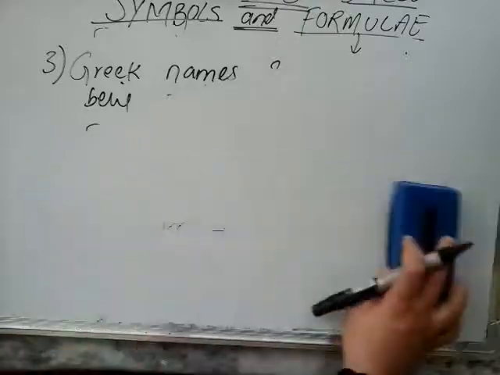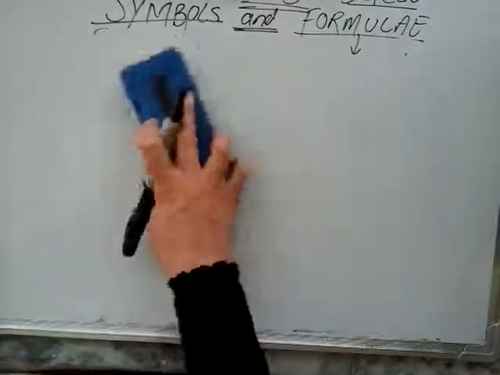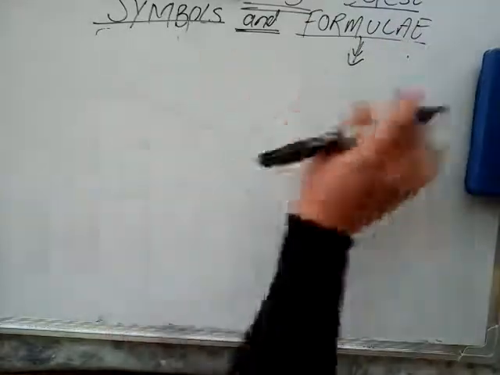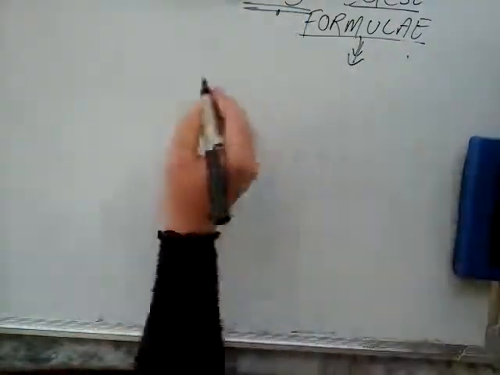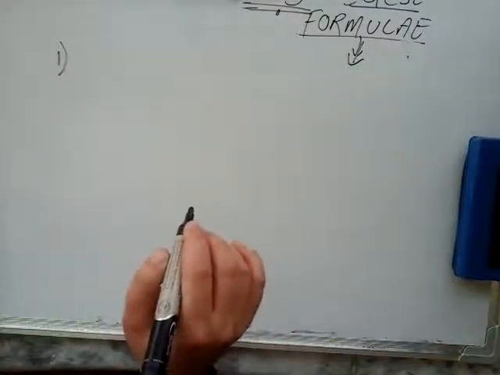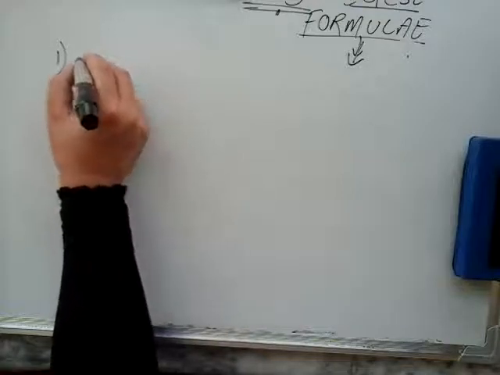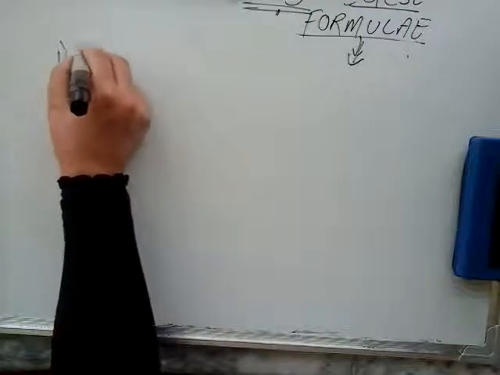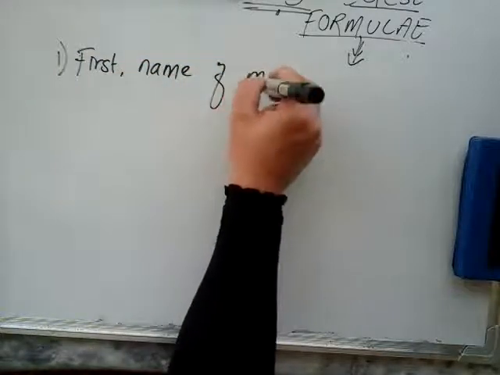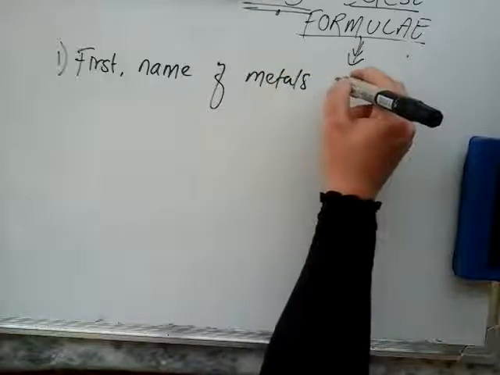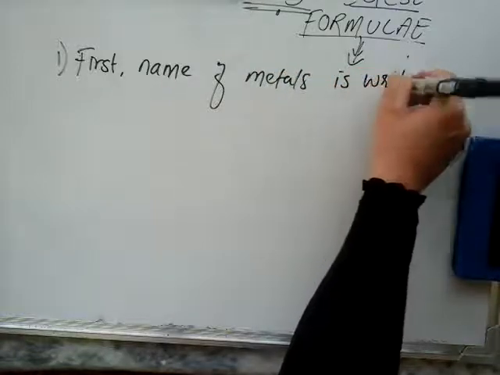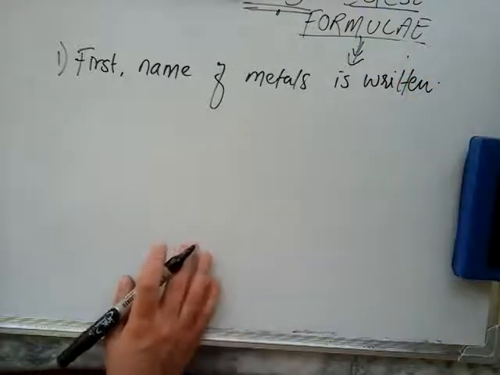Now coming to the formula of compounds and molecules. The first thing that you need to keep in mind is that whenever we are writing the formula of a compound, we usually write the name of the metals first.